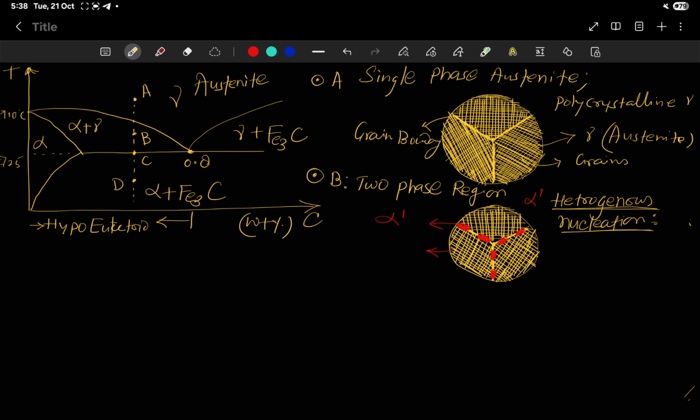That intensity will be different at different regions, right? This will be heterogeneous nucleation.